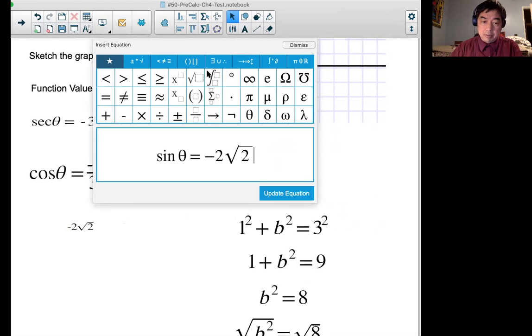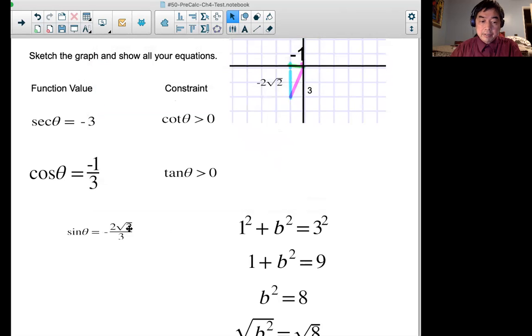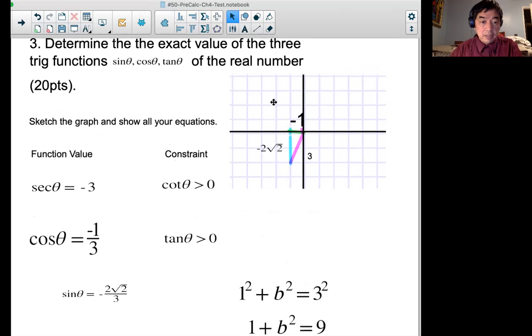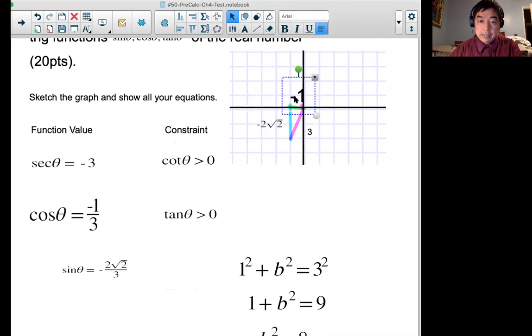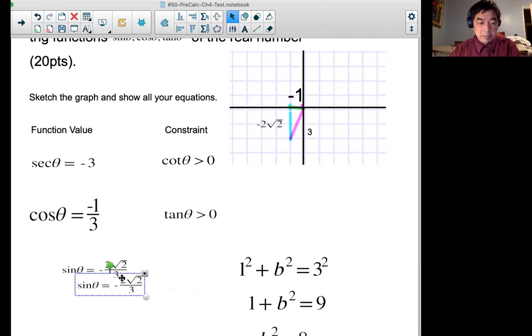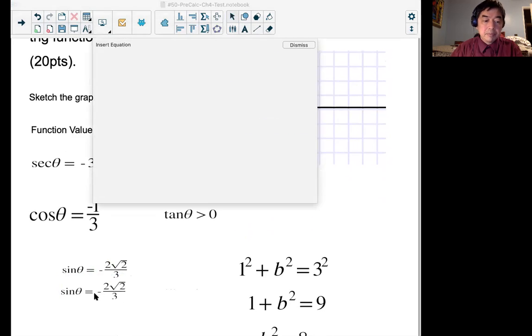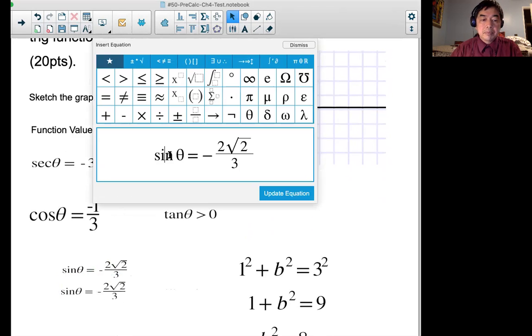So divide by 3 and keep the negative sign. That's it. Cosine theta is negative 1 over 3. Cosine theta, negative 1 over 3. Oh, sorry.